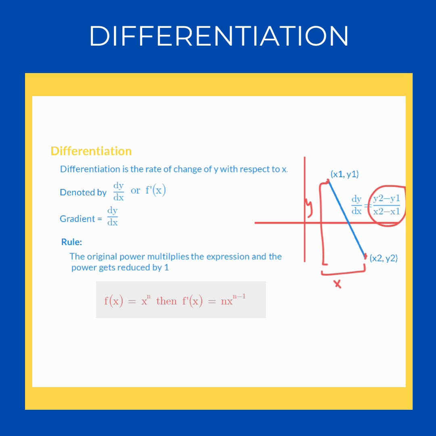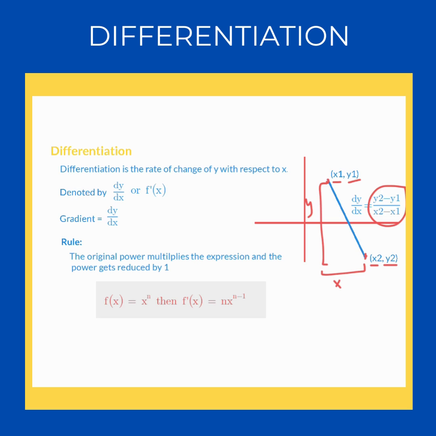So to find the rate of change of y with respect to x, I have to find the gradient of the straight line, which is y2 minus y1 divided by x2 minus x1. So I have to have 2 points.